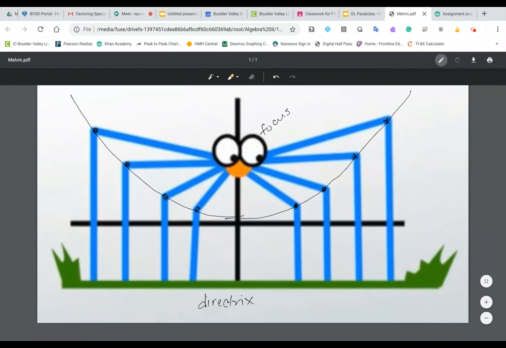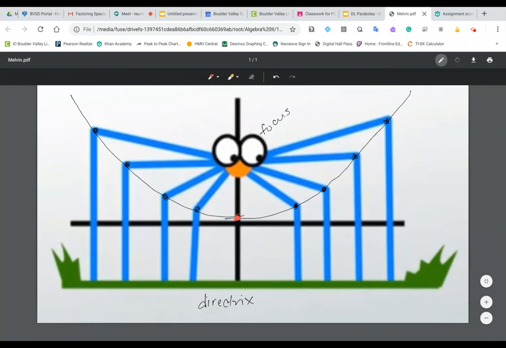One of the other key pieces of information is that we have our vertex on the parabola right here in the middle. And similarly, the length on the parabola between the focus and the vertex and the directrix is the same length.